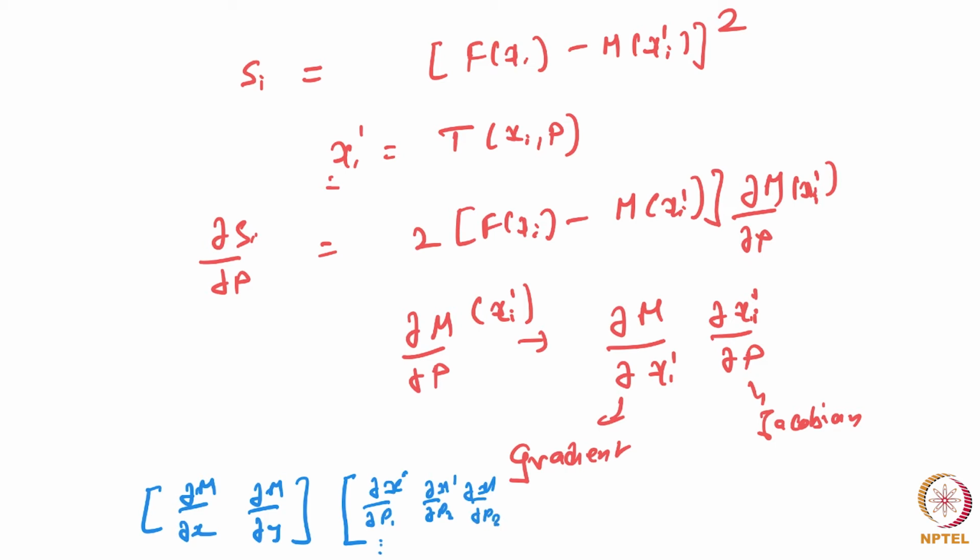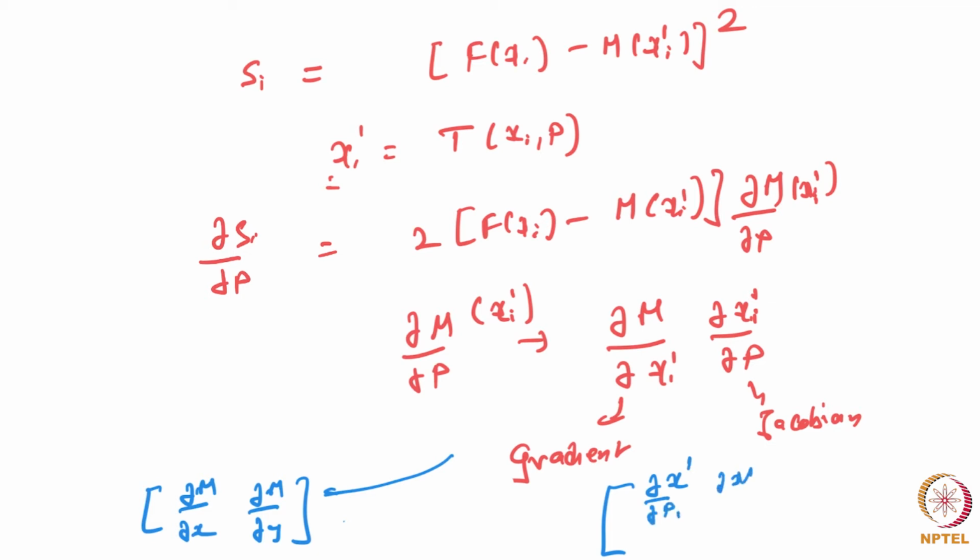Let me just wipe this out and rewrite on the other side. So this is the gradient. For the Jacobian, let me write this as 2D: you have delta x prime by delta p1, delta x prime by delta p2, delta x prime by delta p3.